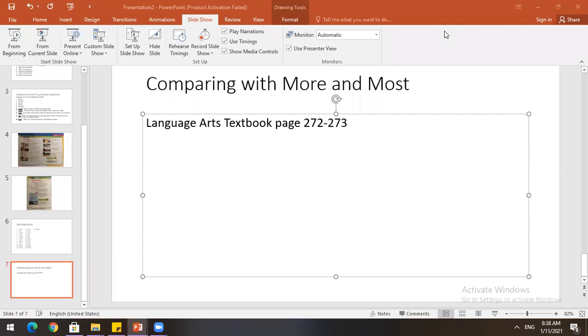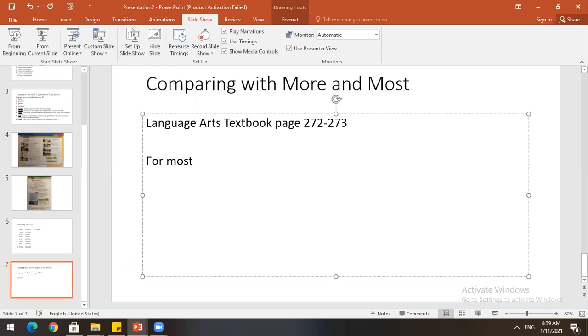Are you there? I want someone to read page 272. Can you read the rules at the top? Read them right. The rules, yeah.